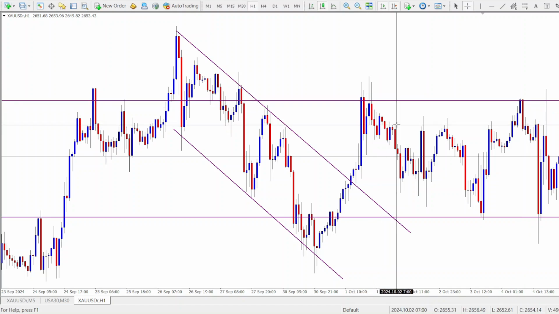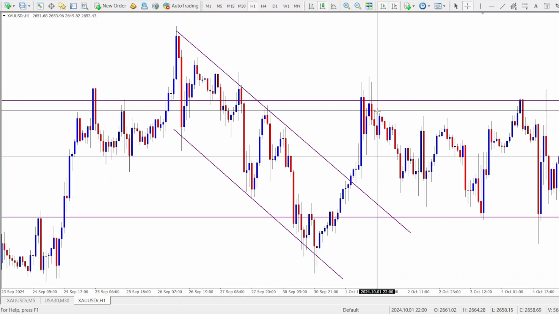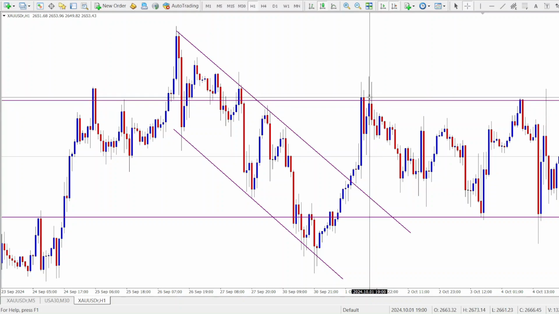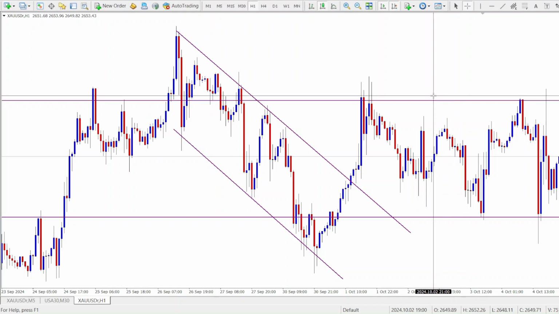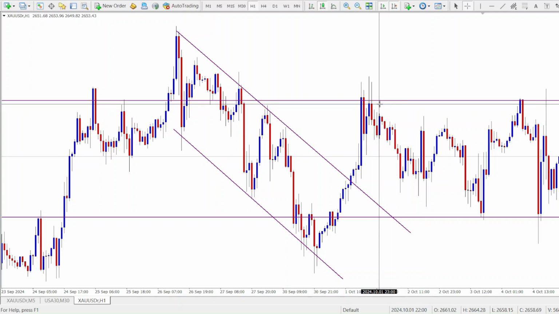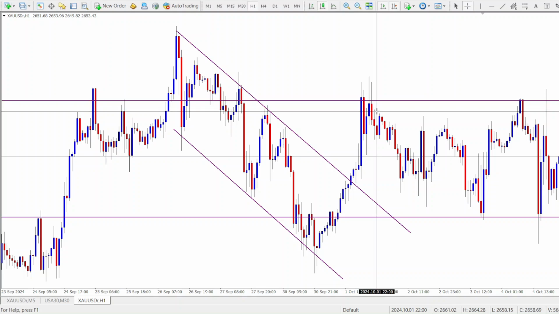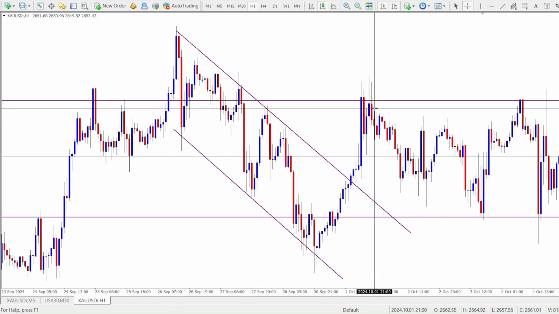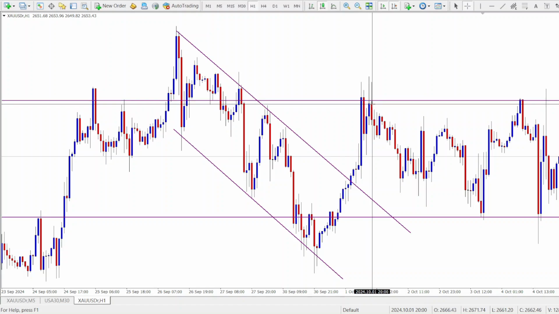Now, as for a sell trade, when you identify a resistance zone, the next thing for you to do is to wait for a bearish candlestick pattern to form, or just look for signs of reversal.